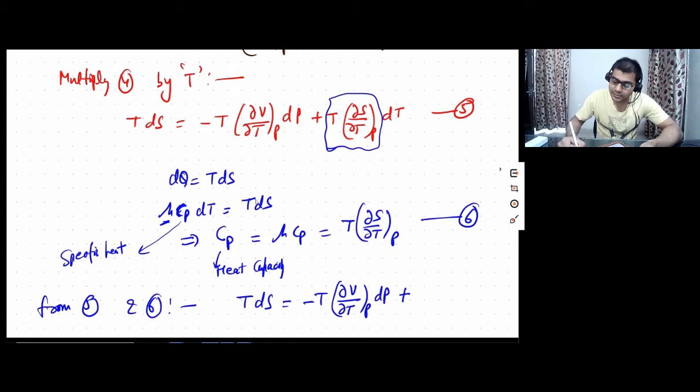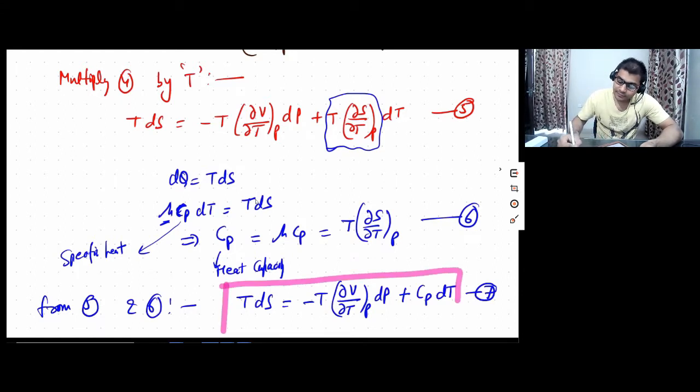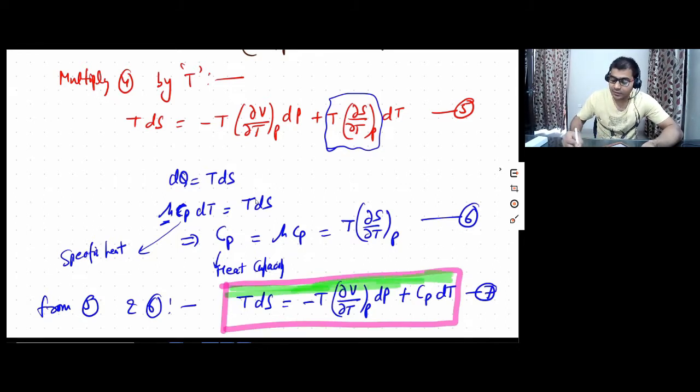So I will put Cp over here, times dT. That's equation 7. And in fact, this equation 7 is known as the second TdS equation. So we have reached the second TdS equation.